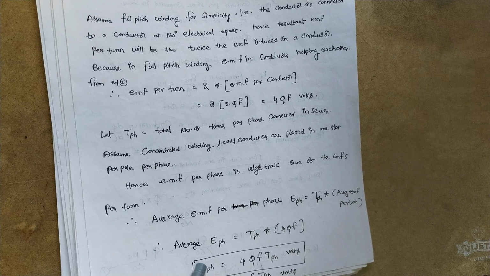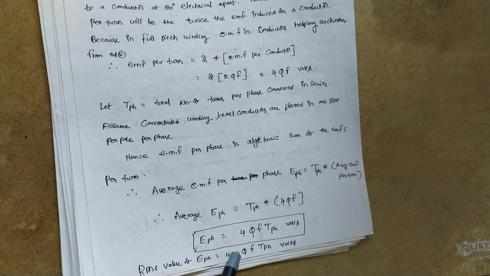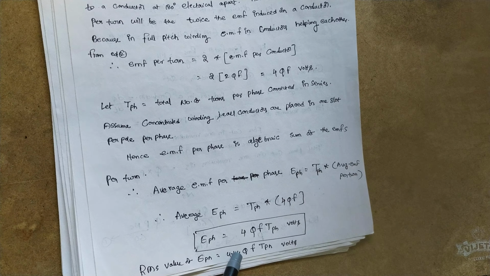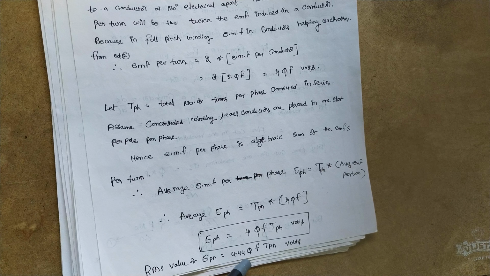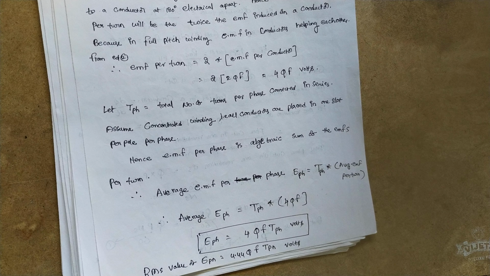RMS value of E phase: if you multiply 4 pi f T phase by the form factor 1.11, we get 4.44 pi f T phase. This is the average value, so what is the form factor? Form factor equals RMS value by average value.